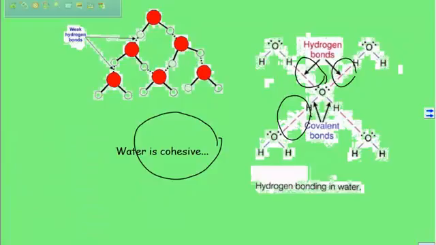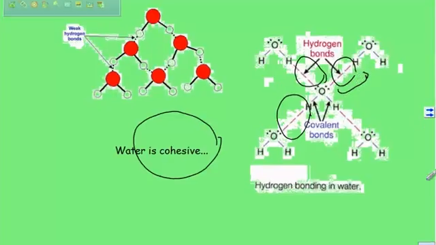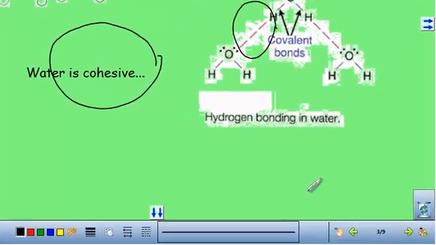And how water behaves in living organisms is that the hydrogen bond becomes very important physiologically. The electronegative end of one water is attracted to the less electronegative end of an adjacent water, and that's what makes water cohesive.